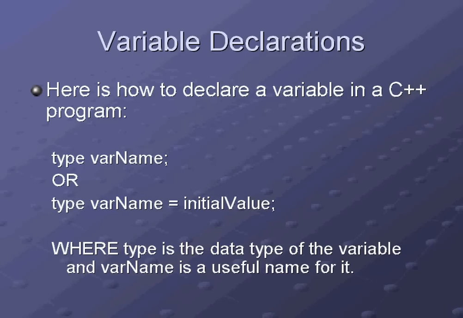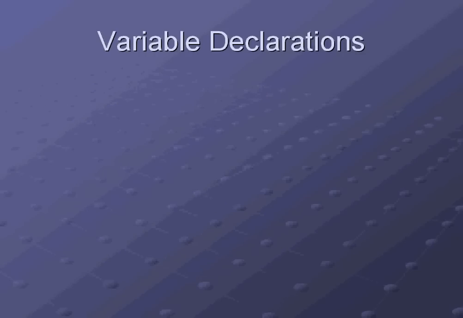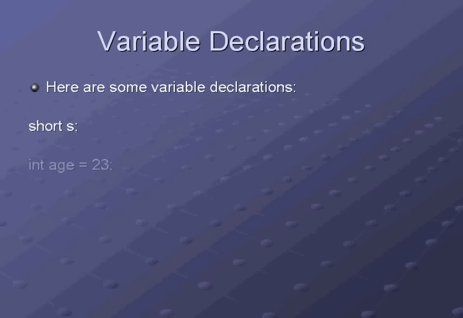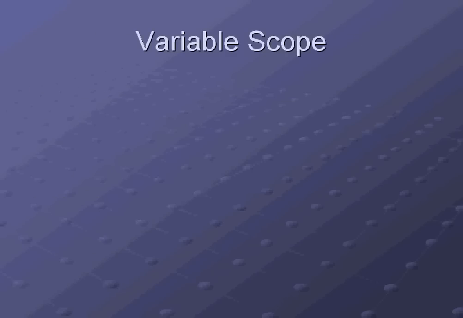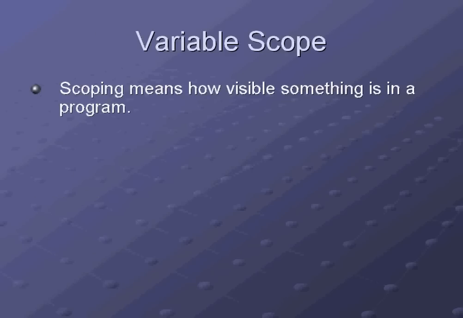Now here are just some variable declarations, as you can see. I have a short s, integer age is initially 23, a double dbl, float f is 7.3, and character ch is capital Q. Now, the scope of a variable means how visible something is in a program. For variables, there is either local or global scope.